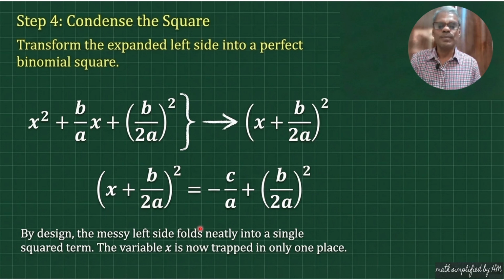So our equation now becomes, left hand side, (x plus b upon 2a) whole square is equal to minus c upon a plus (b upon 2a) whole square. By design, the messy left side folds neatly into a single squared form. The variable x is now trapped in only one place.